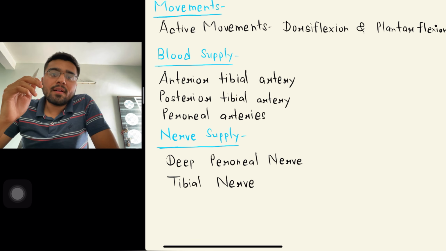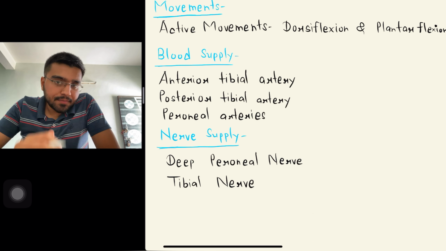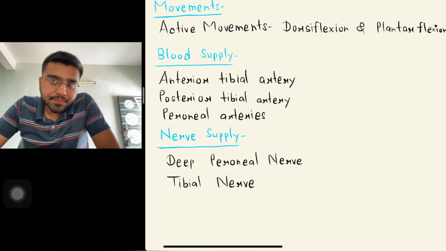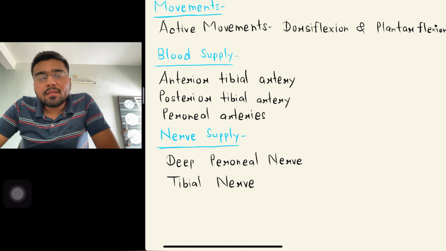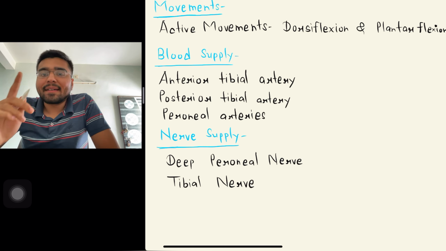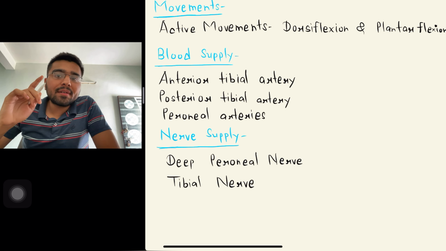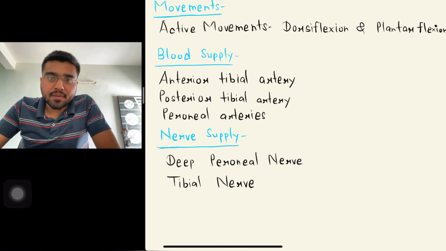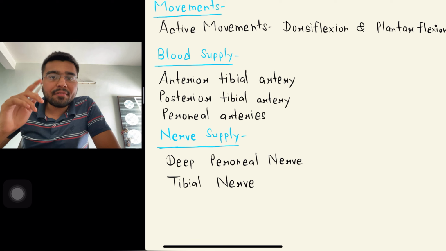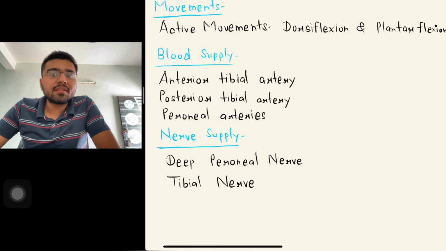Hinge joint has only two active movements possible, that are dorsiflexion and plantar flexion. For example, in the elbow two movements are possible, that is flexion and extension. And in the ankle joint two movements are possible, that is dorsiflexion and plantar flexion.